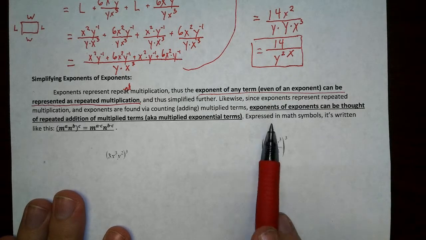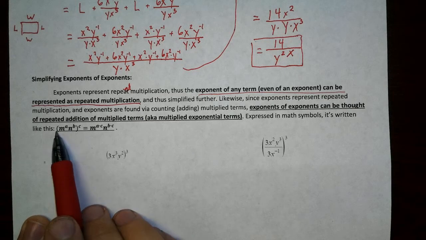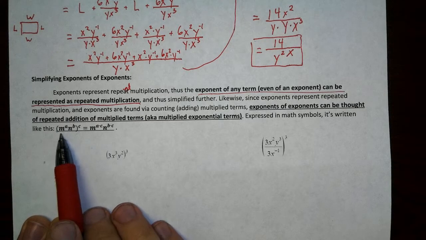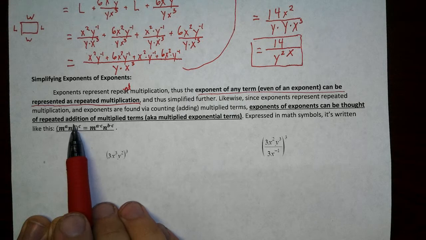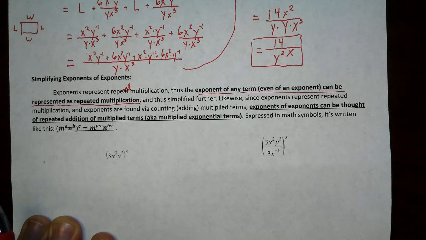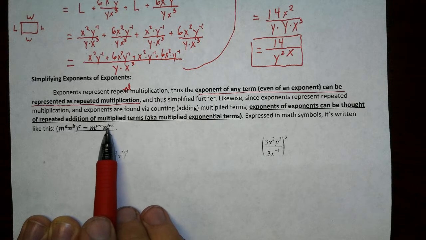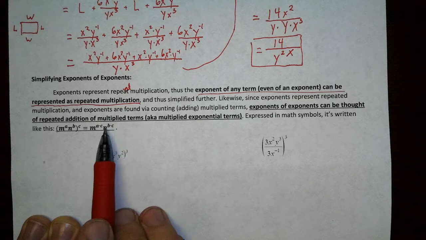Okay, so expressed in math symbols, it's written like this. Quantity, right, quantity means we have parentheses around it, m to the power of a times n to the power of b, all raised to the power of c, equals m to the power of a times c, so our exponent is a times c, n to the power of b times c, right?